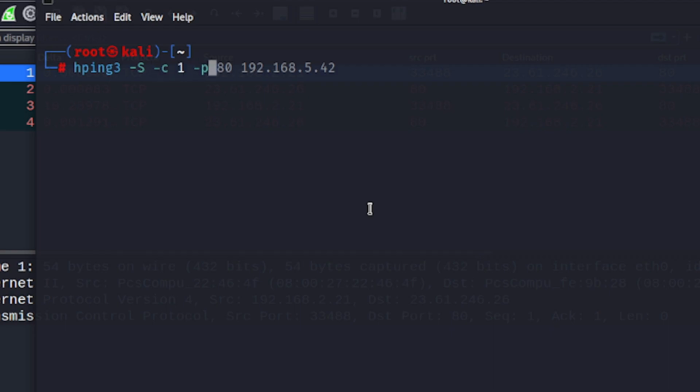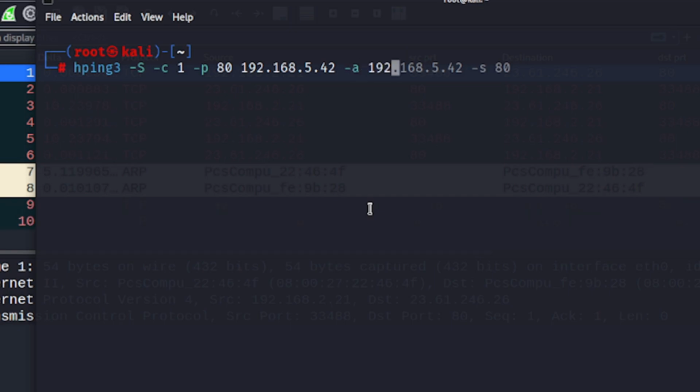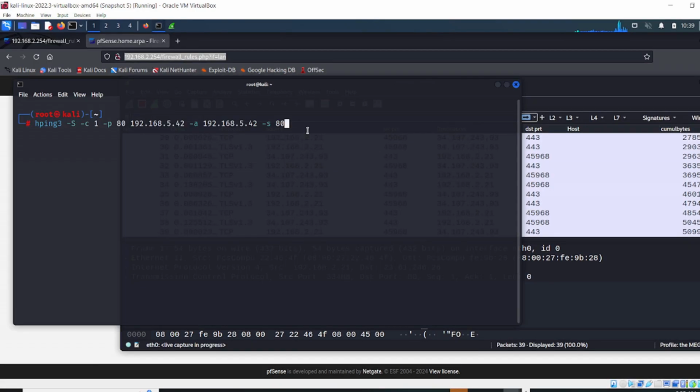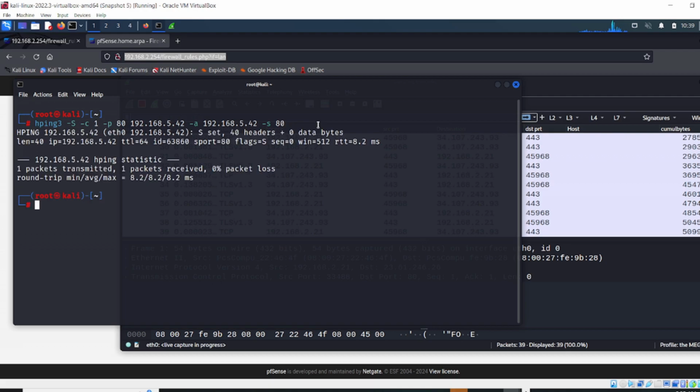And the target port is 80. And I'm going to do 192.168.5.42. And now here I'm going to actually spoof it. So I'm going to do -a with the IP address 192.168.5.42 and the source port of 80. We just want to see it happening. So that's going to be a single packet, okay? So let's send it off.